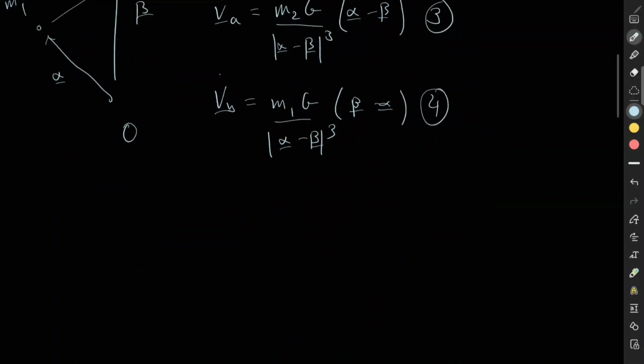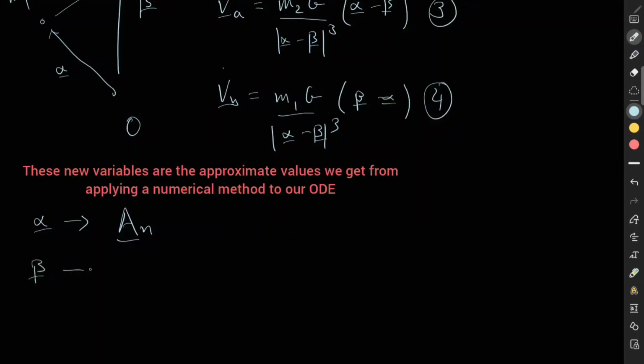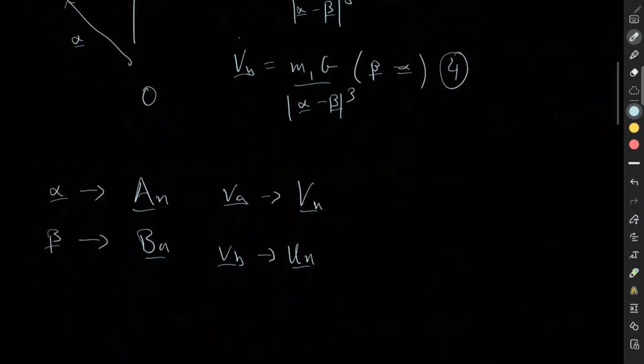So just introducing the notation here. Let's say that alpha goes to a_n, beta goes to b_n, VA goes to capital V_n, VB goes to u_n.